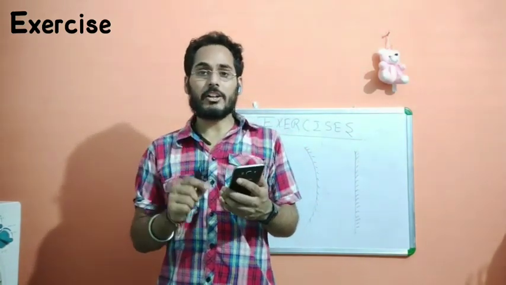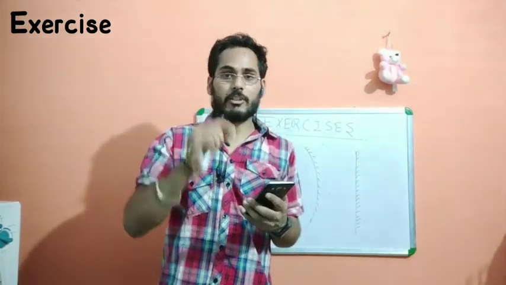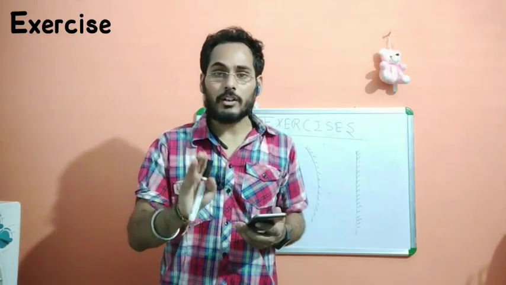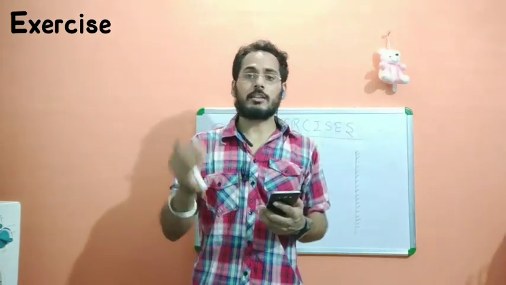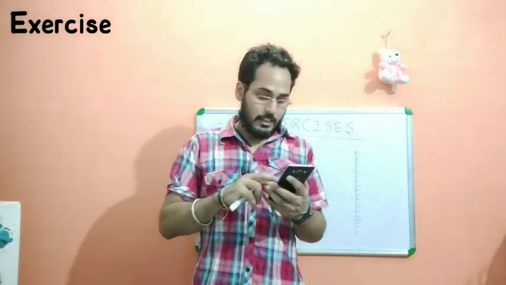Next is: name a mirror that can be used to concentrate rays. Concentrate means meet at a fixed point. So it is always the concave mirror, because only a concave mirror can concentrate, or converge, the light rays. Last is amplify the rays of light. Sorry, there is a mistake.